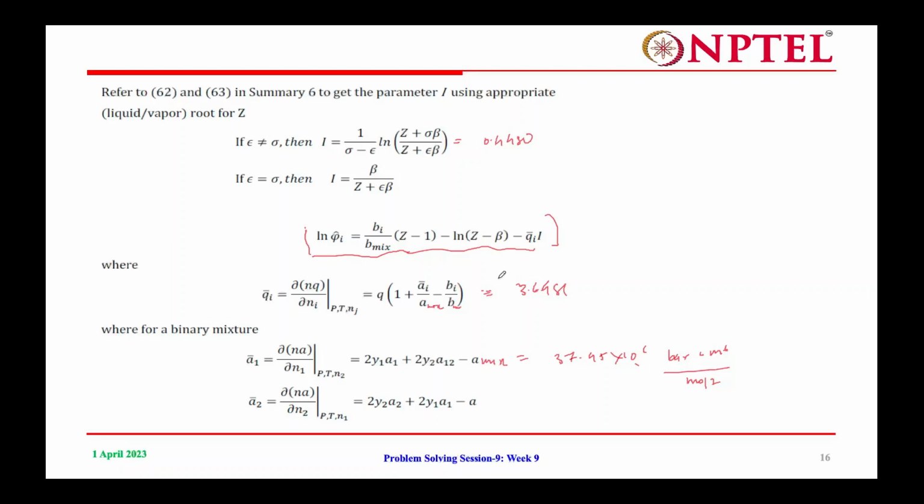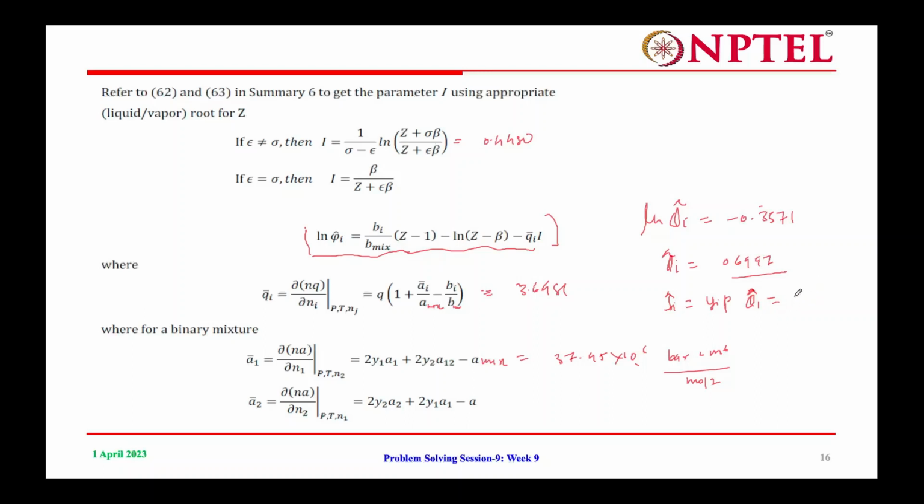Now put all the values in these equations. You will get ln phi1 bar as minus 0.3571. So phi1 is 0.6990. Right. Now to calculate the fugacity of benzene, yi P phi i.